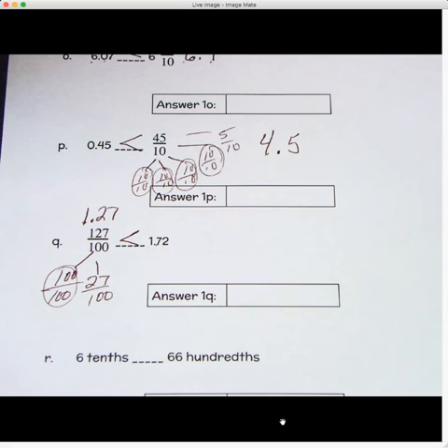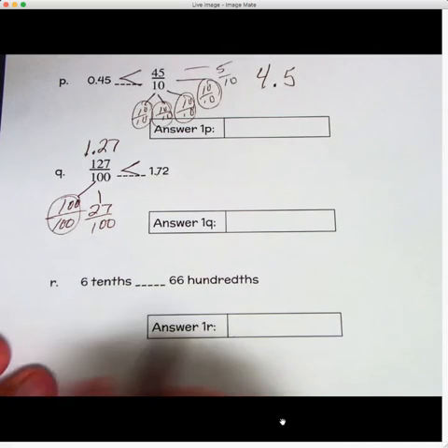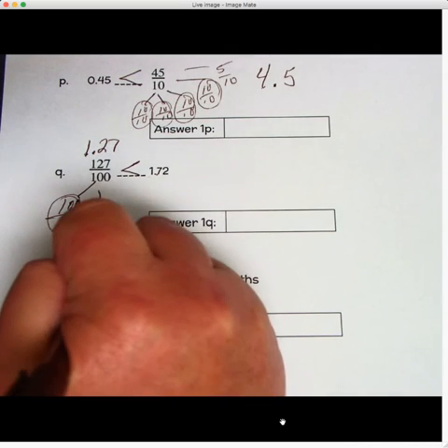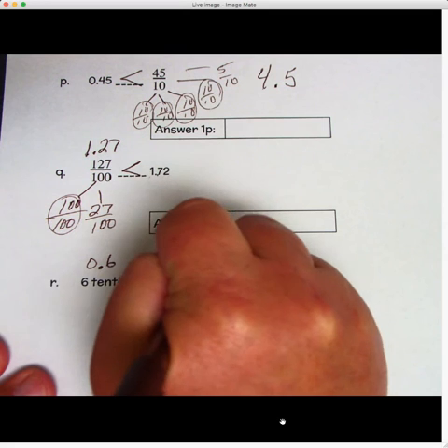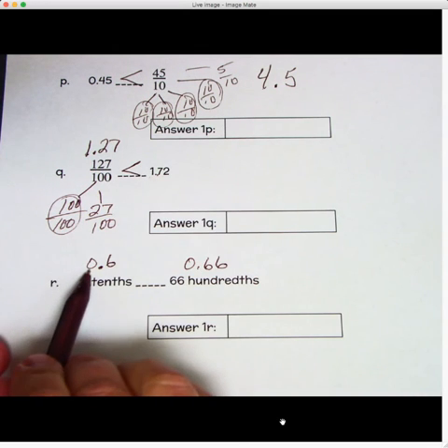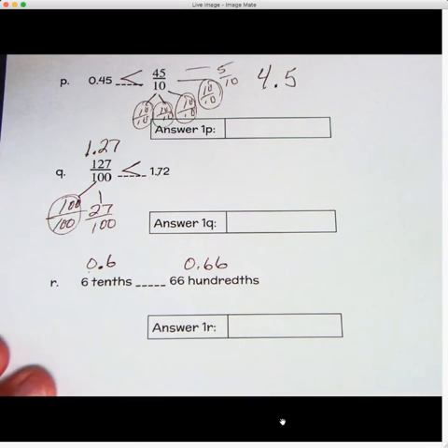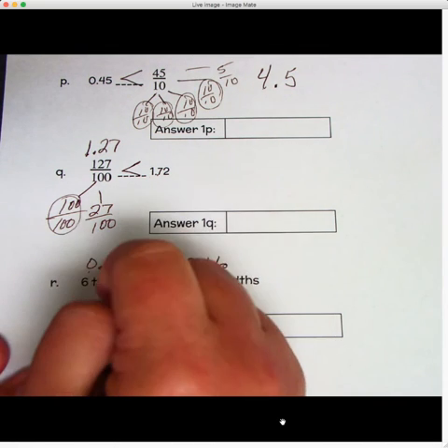This is pretty easy, isn't it? Last one, 6 tenths. What's it look like? 6 tenths, 66 hundredths. What's it look like? 0 in the ones place, 0 in the ones place. 6 in the tenths place, 6 in the tenths place. Nothing in the hundredths place, 6 in the hundredths place.